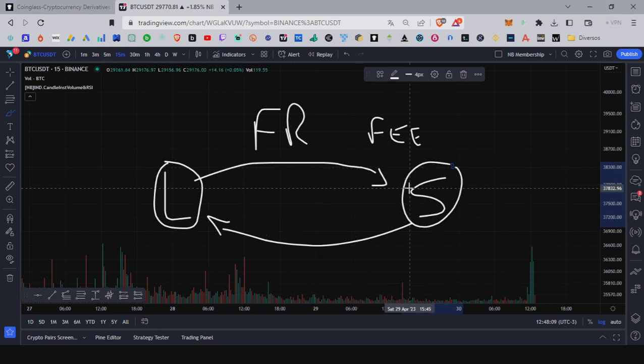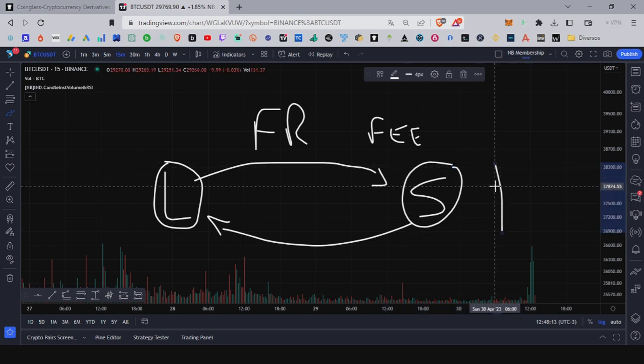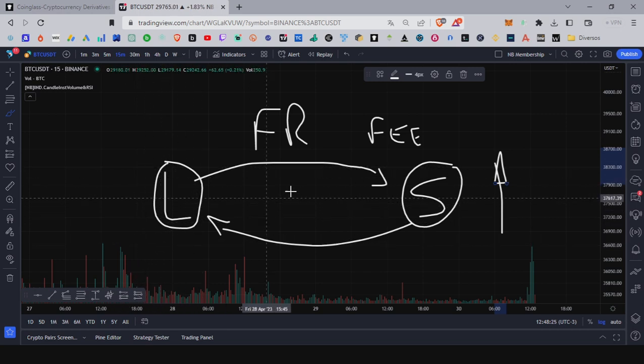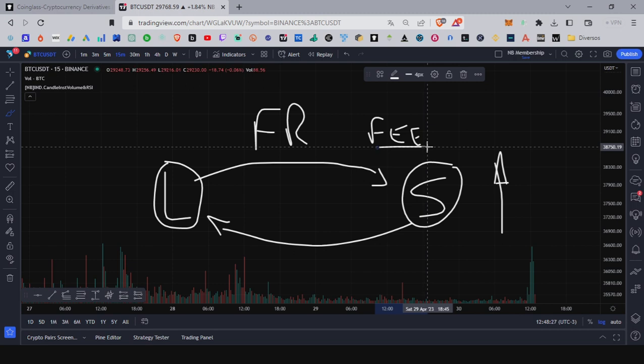Got it? In the other scenario, if you have a lot of money in short positions, the shorters will pay the funding rate fee to the longers, and the longers will receive this money. This additional fee is meant to discourage people from opening positions that are already full of money.